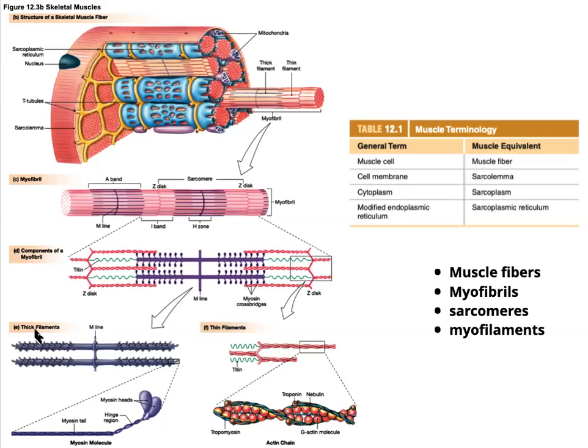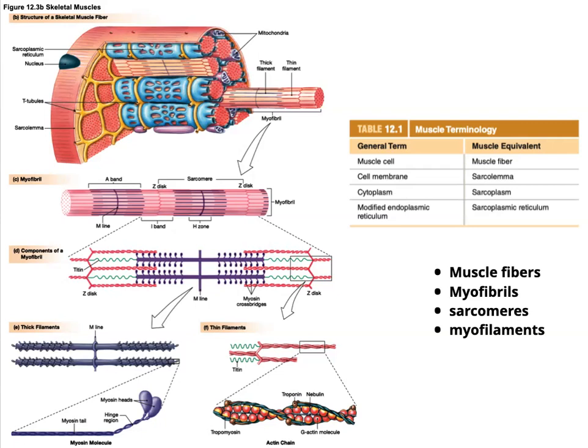So thin filaments are actin filaments, thick filaments are the myosin filaments. This alternating pattern of thick filaments, thin filaments creates a banded pattern that we see under light microscopy. Once again, thick filaments are made of myosin, thin filaments made of actin.